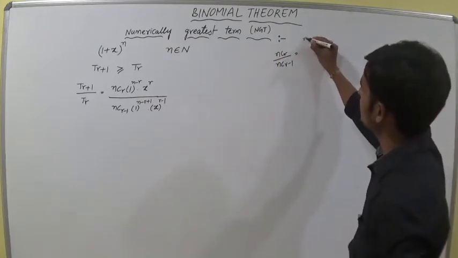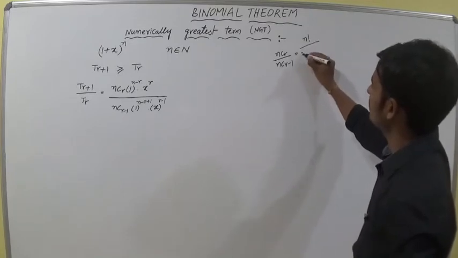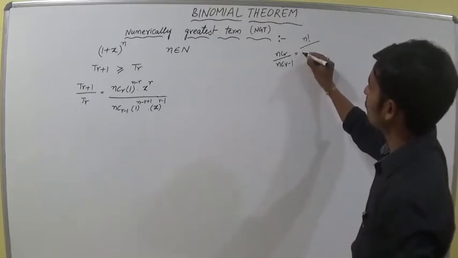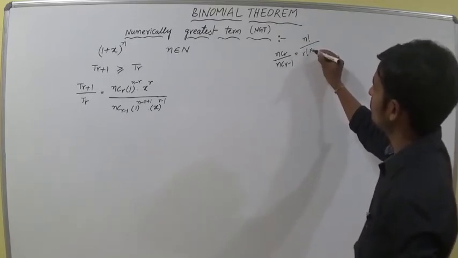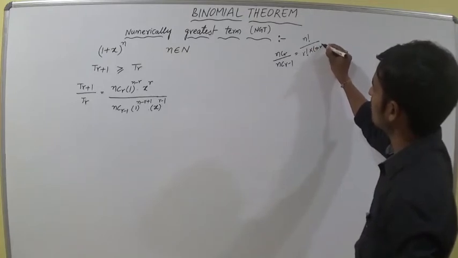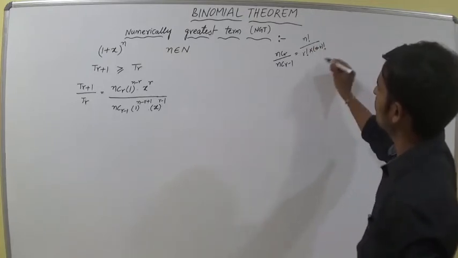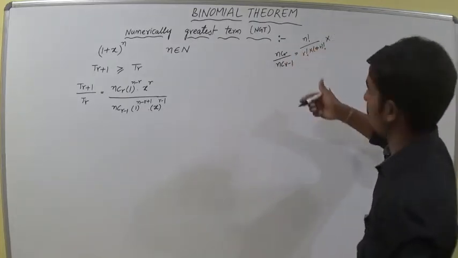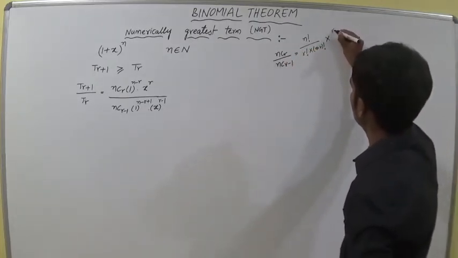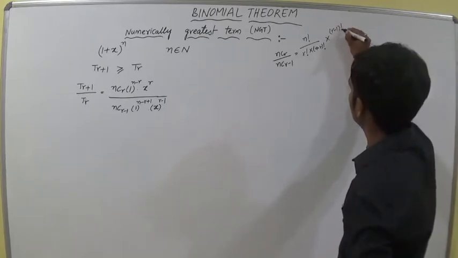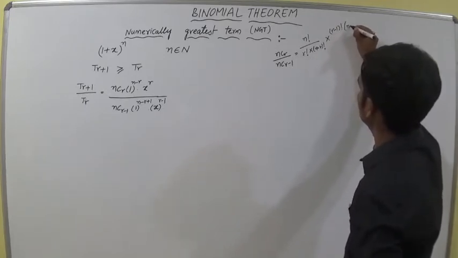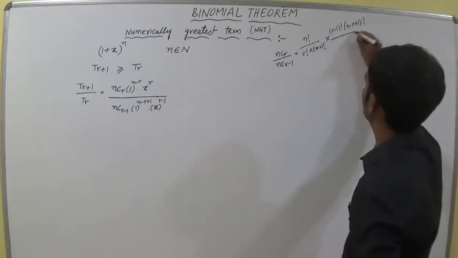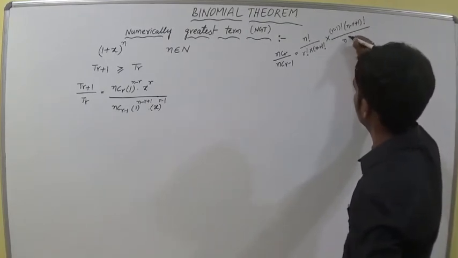What is nCr? n factorial by r factorial into (n minus r) factorial, divided by, that means we write the reciprocal, (r minus 1) factorial into (n minus r plus 1) factorial by n factorial.